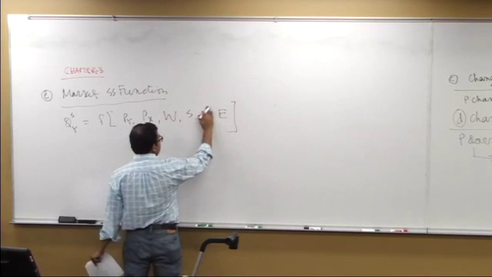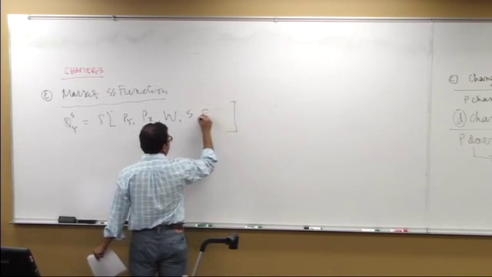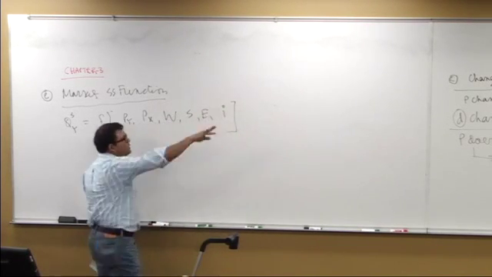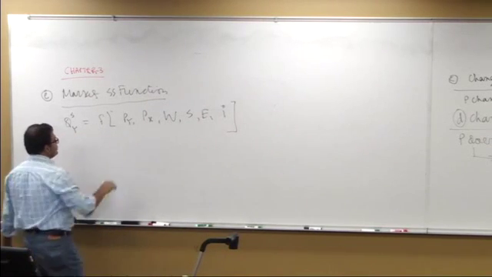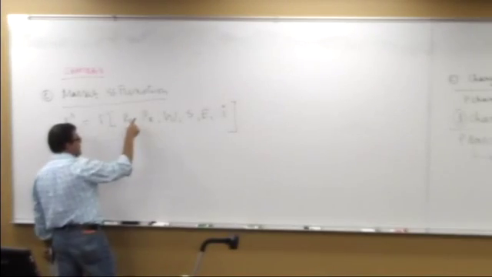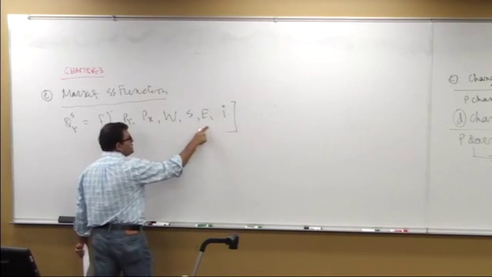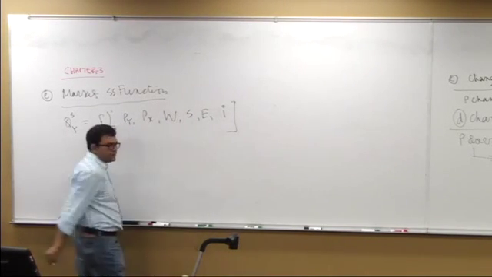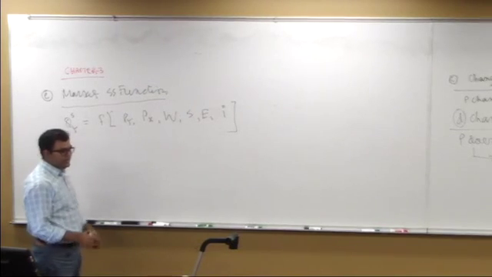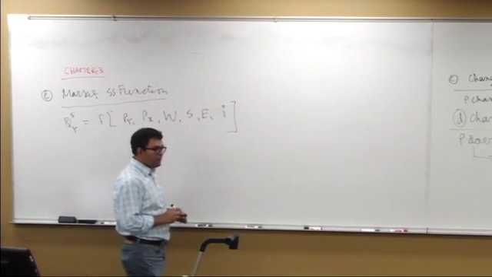So W, S, I, these are all prices of raw materials. Let's separate them, put them together, and put I on the right side. So you have the price of the good itself, price of the other related goods, three prices of raw materials or inputs, and then you have interest rate. So what is interest rate for a firm?